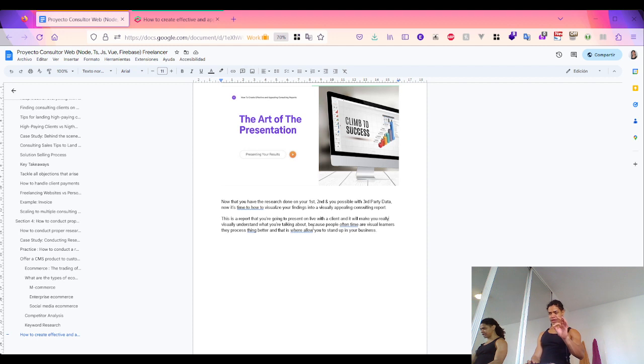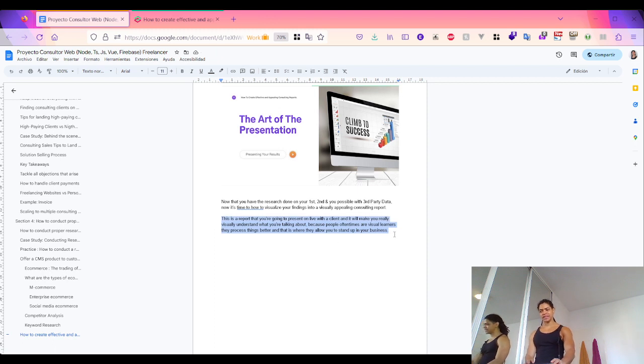Very, very important. I want the client to visually understand what I'm talking about, because people oftentimes are visual learners. They process things better, and that is where they allow you to stand up in the business.